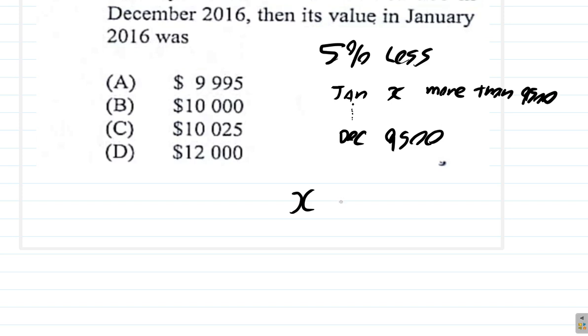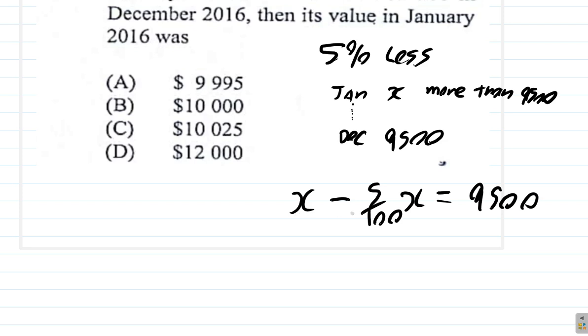So, X, the value in January, minus the 5% of X, right, would be equal to 9,500.